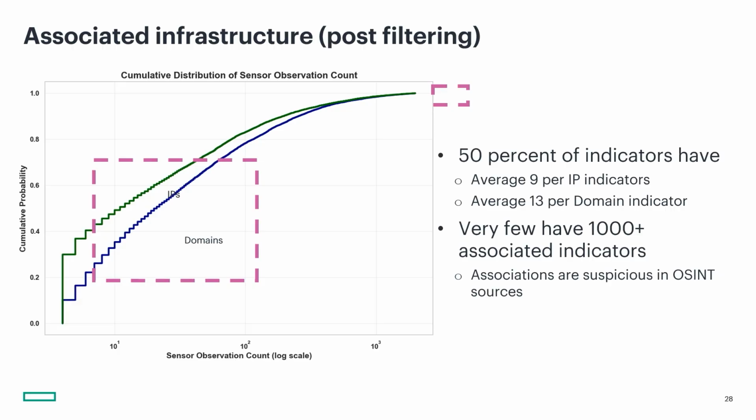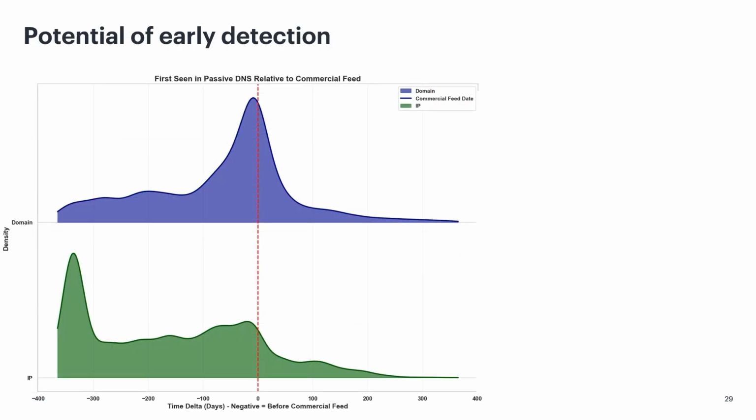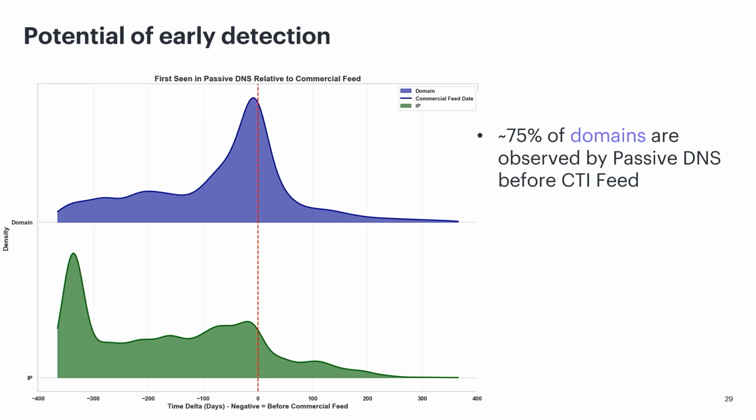So the question then becomes, what is the potential for early indicator given the lifetime of the feed? What are we gaining? Right? So you've got to look at it from both a domain and an IP perspective. What you want to know is the surface area on the graph.